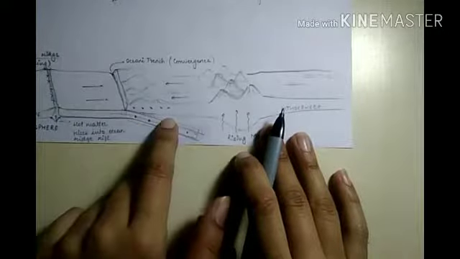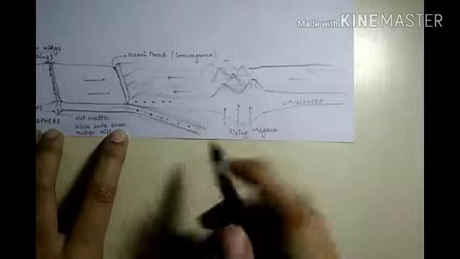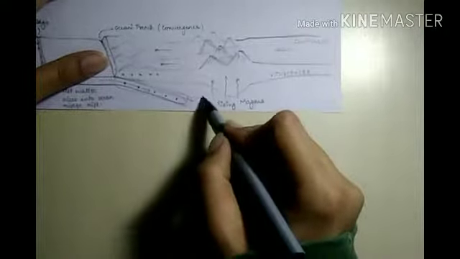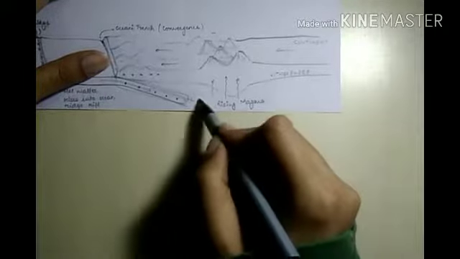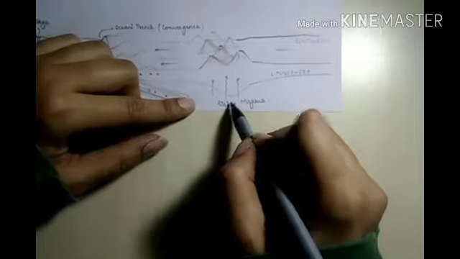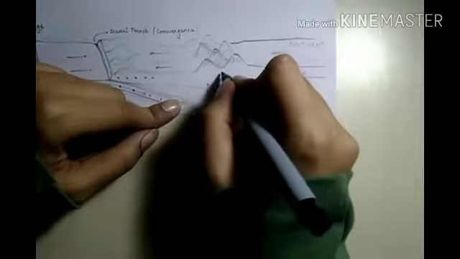You see this plate has submerged inside, and till here we have cool lithosphere, but below this we have hot asthenosphere, and because of this high temperature this plate will melt. Because of the melting of this plate, what will happen in this area? We will have more magma. Because we have more magma, the pressure will be exerted upwards, towards the weak crust.